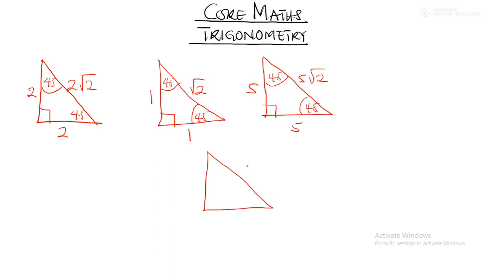Now, if the side is 9 root 2, find the others. So this is 45, this is 45. We get these by dividing the hypotenuse by root 2. So this one will give us 9, and this one will give us 9.